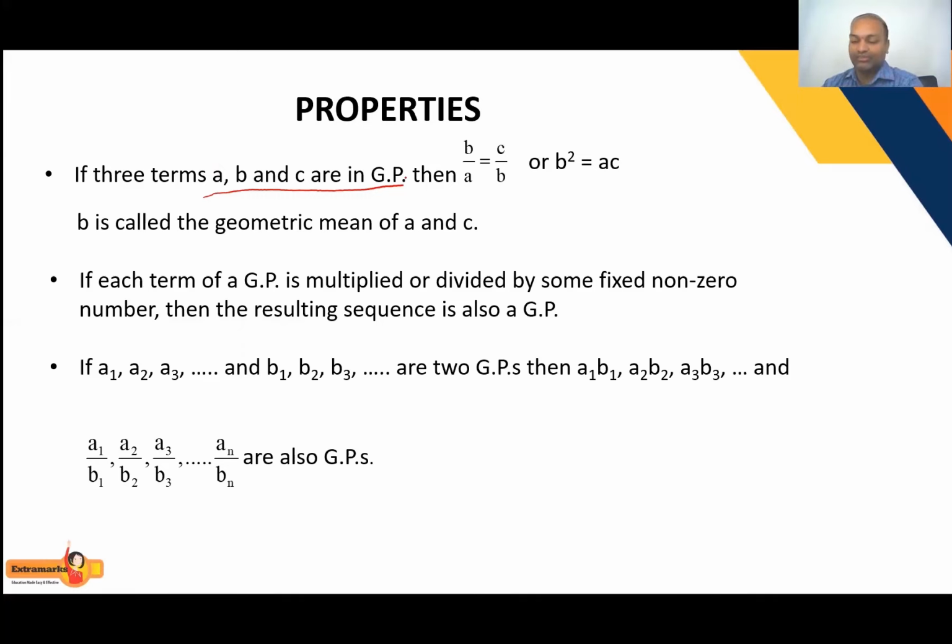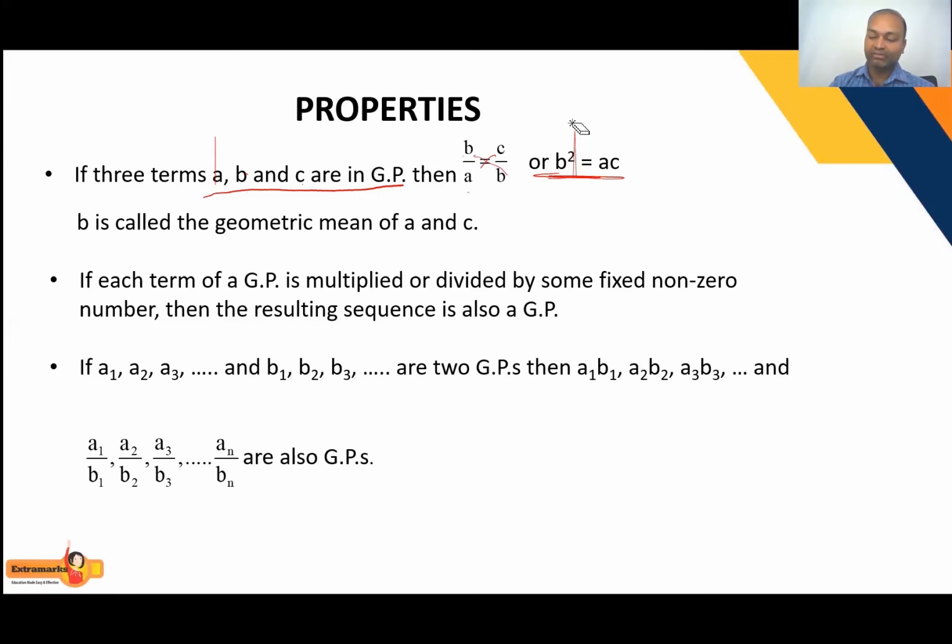Ratios are the same. So second term by first term, B by A, is equal to third term by second term, C by B. Then cross multiplication: B into B, B square is equal to AC.